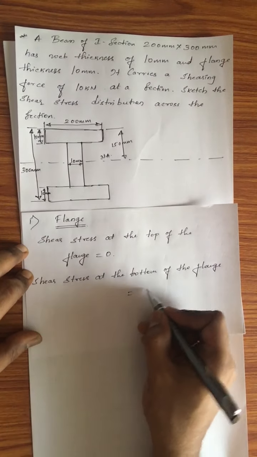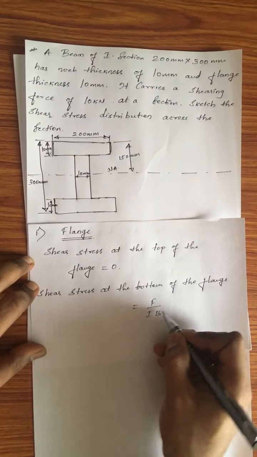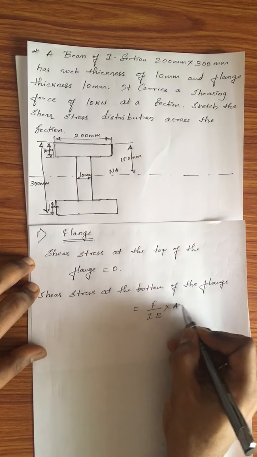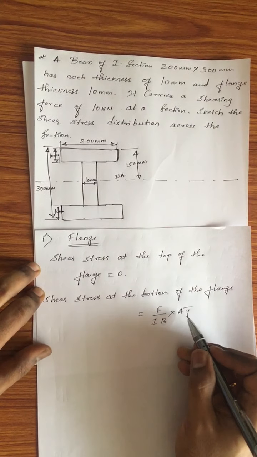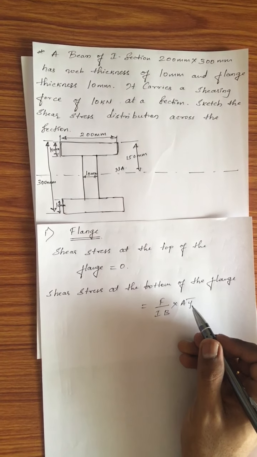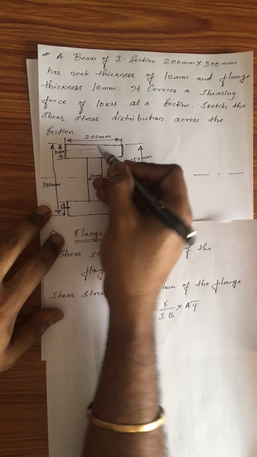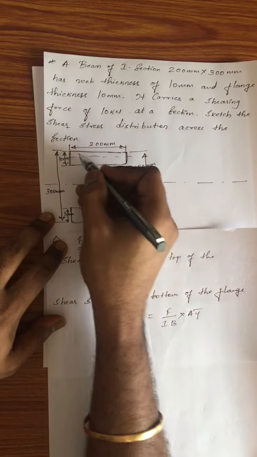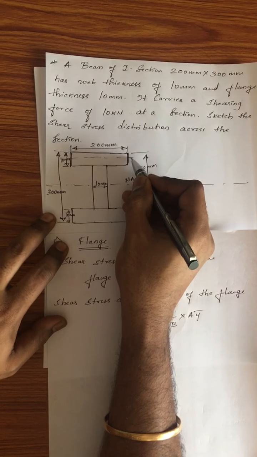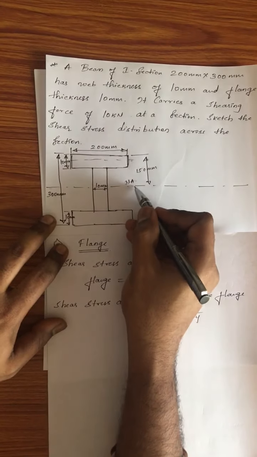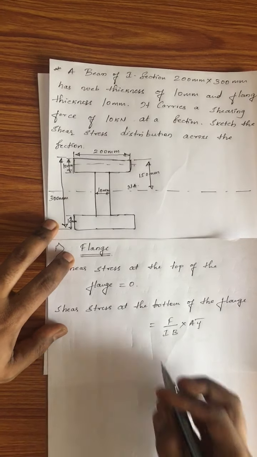it is given by the formula F by I into capital B into A y bar, where y bar is the distance of the neutral axis to the CG of the flange. Now the CG of the flange will be exactly here in the middle of this, that is, if this is 10 mm, the CG of the flange will be 5 mm from this. So the distance from the CG of the flange to the neutral axis will be equal to y bar, and what will that be?